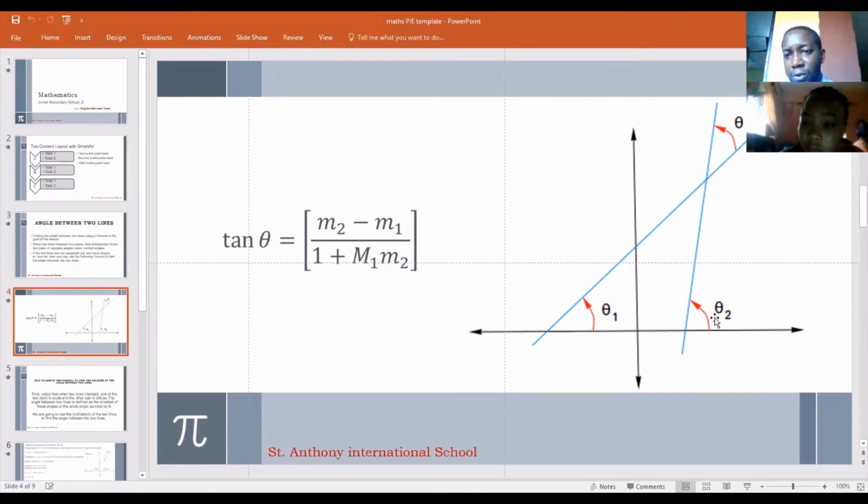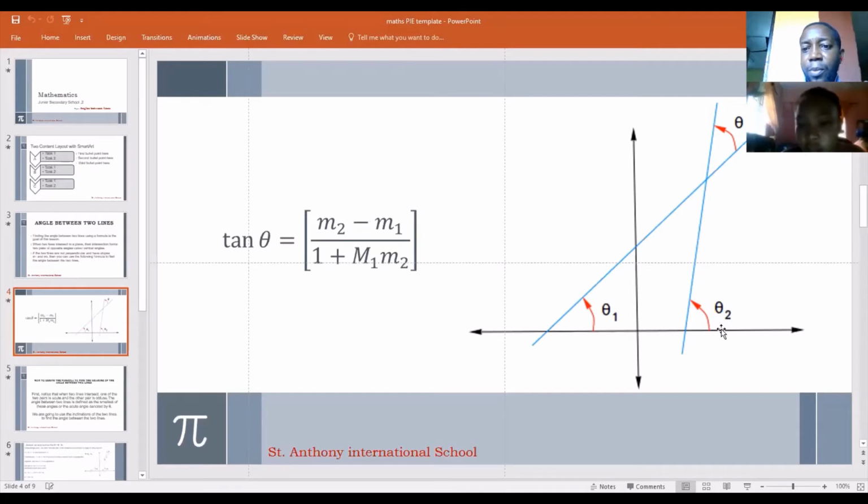Then you also have another one that is formed outside the triangle, which is known as theta 2. Now, if you look closely, you'll notice that theta and theta 1 are both acute angles. You know what acute angles are? Angles between 0 and 90 degrees, right?